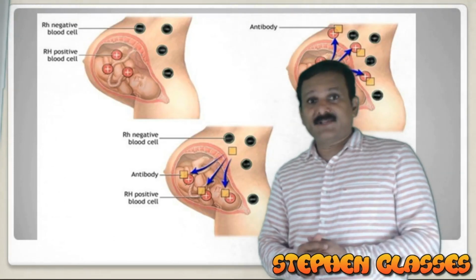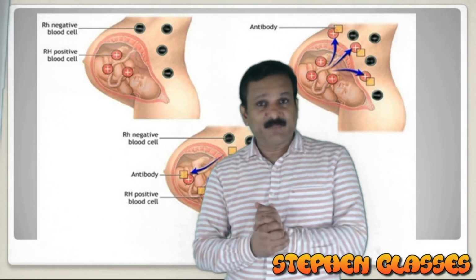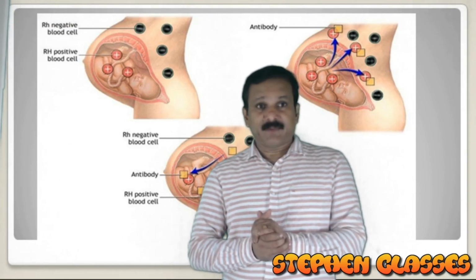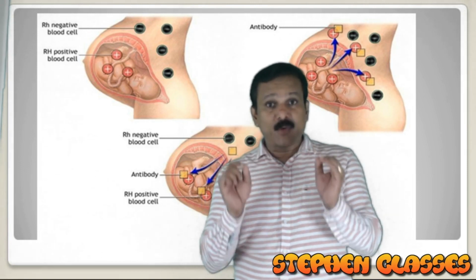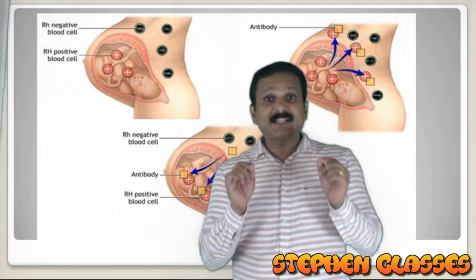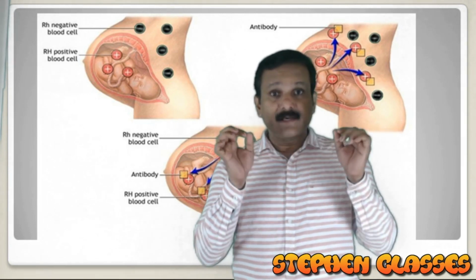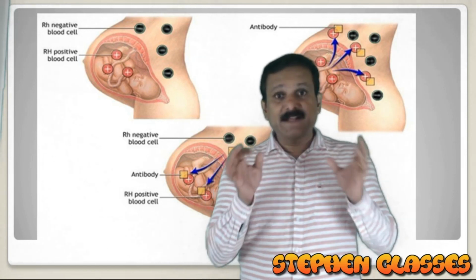Yes. The next question is about erythroblastosis fetalis, or RH incompatibility. In the case of RH incompatibility, you have to always note that the RH factor, or rhesus factor, shows some sort of incompatibility during pregnancy.